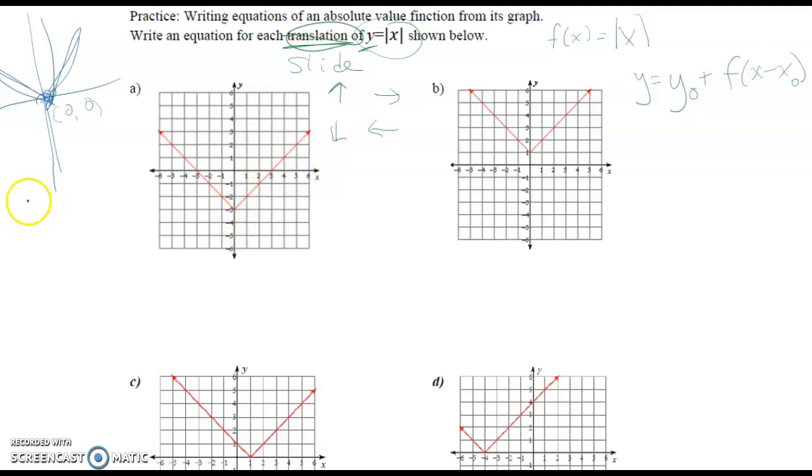So what we've done to it is we've taken x, y, and we've not changed the x value at all, but we've taken the y and we've subtracted 3. That means the equation of this function is really f of x equals negative 3 plus the absolute value of x.